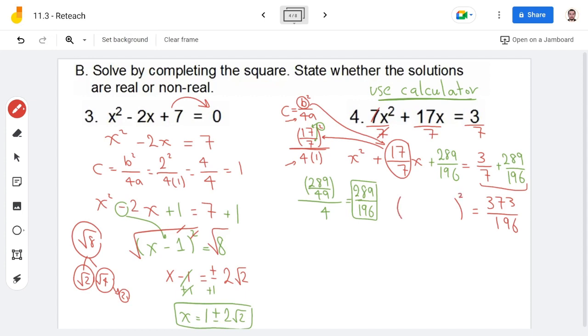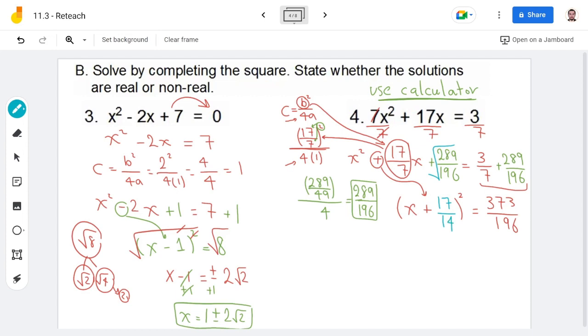We write x squared, we write x, then we take the sign of the b, which is positive. Now let's take the square root of 289 over 196, which is equal to 17 over 14.